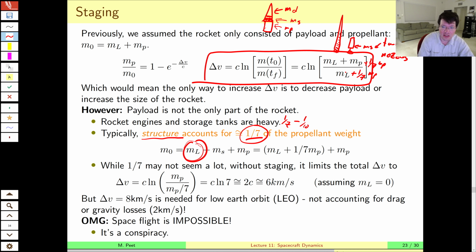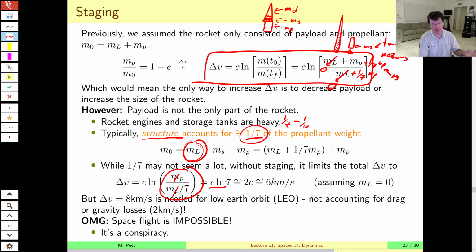So that even in the most ideal case, so even if we have 0 payload, we are still going to have this structural mass, which is 1/7 MP. And so if we look at the limitations of what delta V's are possible, so we make the payload 0, on the top we have MP, and on the bottom we have MP over 7, right? If we just crunch those numbers, the MPs cancel, and we just get C ln 7, right?